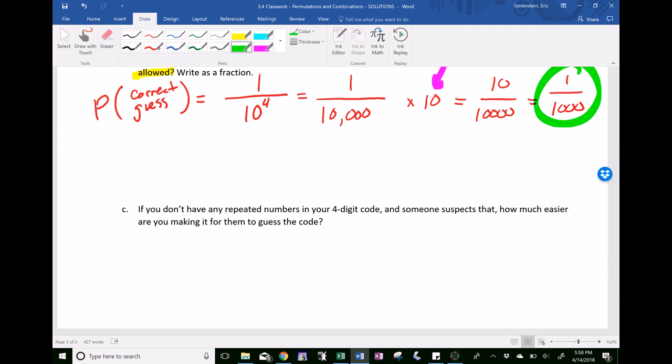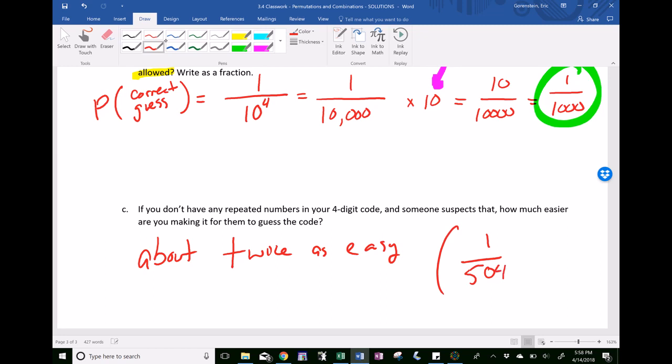Let's say approximately or about twice as easy. And that's because 1 over 504 is about 2 times 1 over 1,000, which would be 1 over 500.